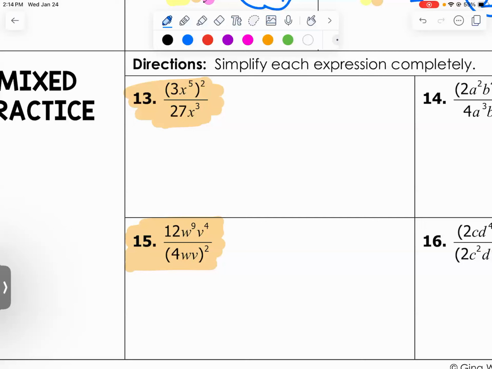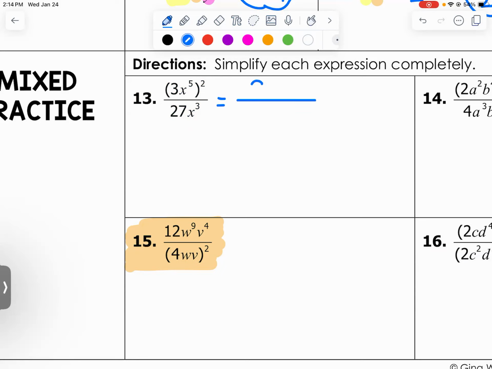Okay, so it looks like some people have 3x to the 7th, and some people have 1/3 x to the 7th. Some people have 1/9 x to the 7th. Some people have 1/3 x squared. Interesting. Okay, so let's talk about this guy. We need to do the exponents first before we can do the division.